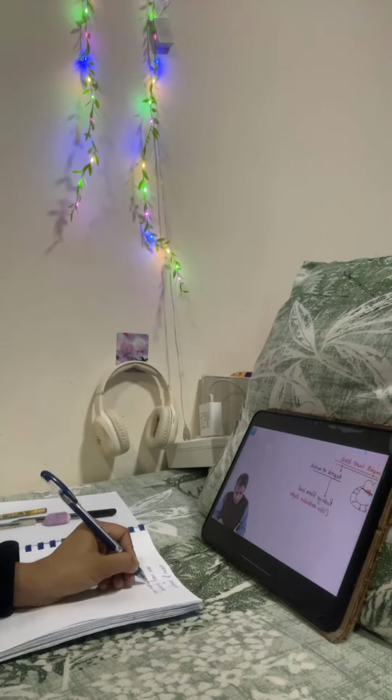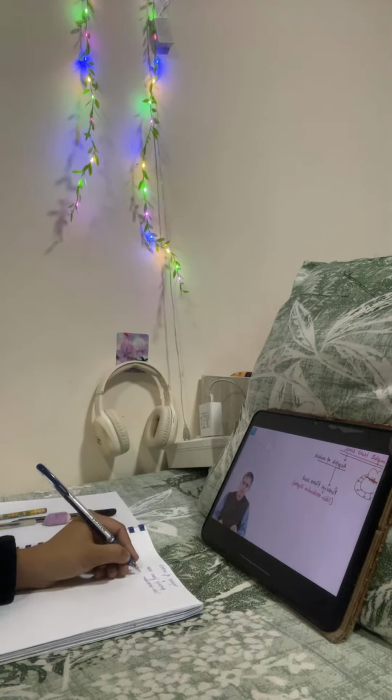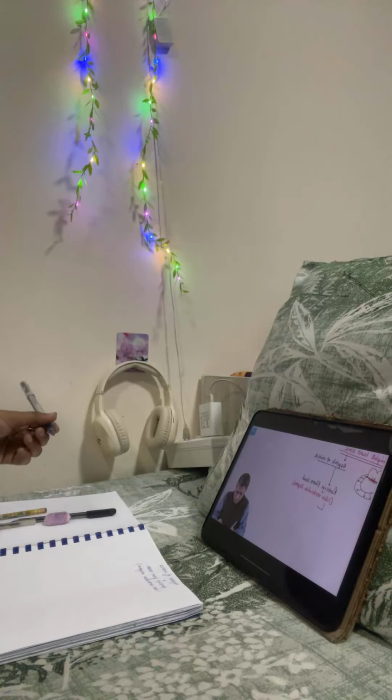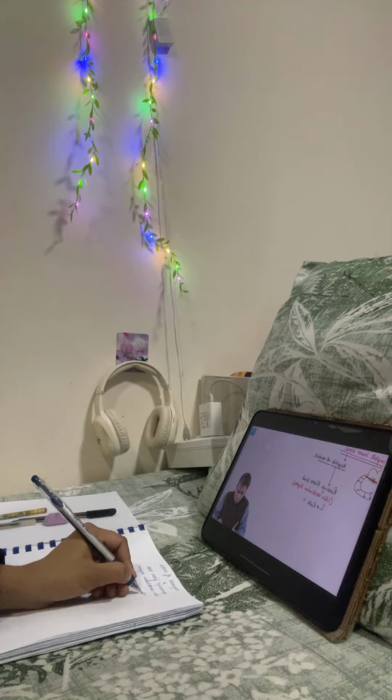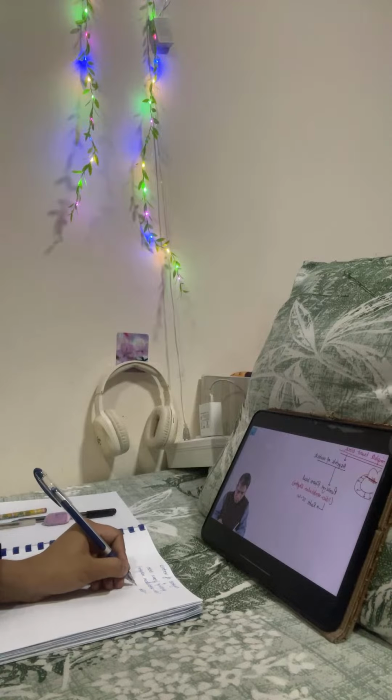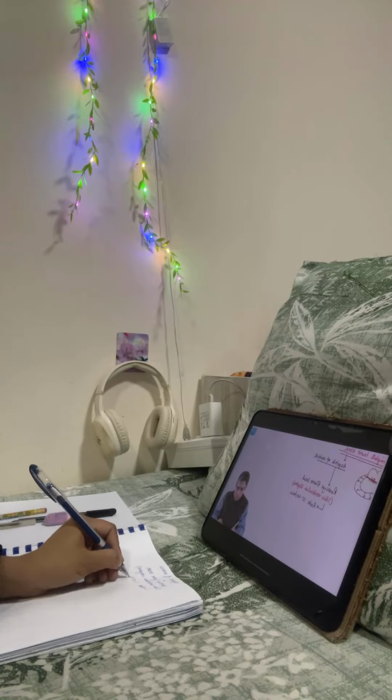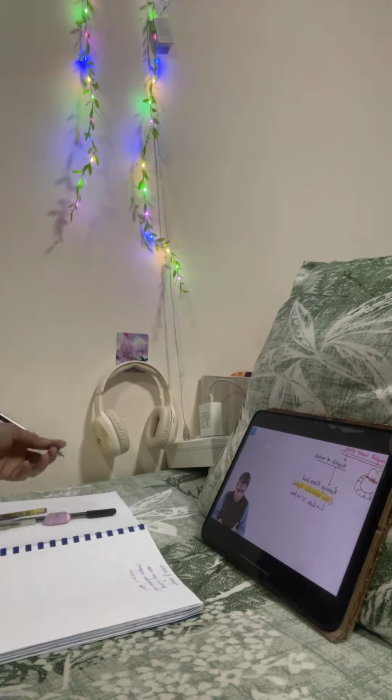NEET PG has asked a question: what is the rate of this idioventricular rhythm? I can easily understand that whenever Purkinje fiber is beating, it will produce 15 to 40 beats per minute. So the rate of idioventricular rhythm is 15 to 40 beats per minute.